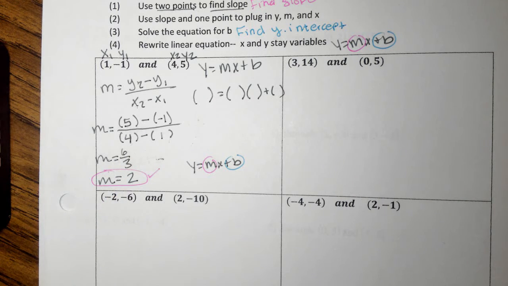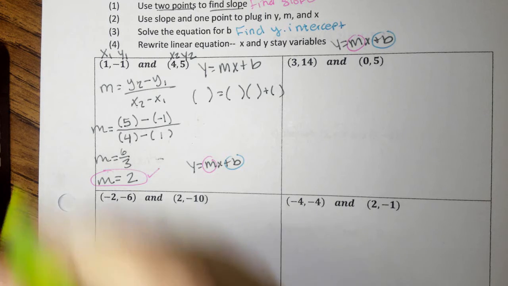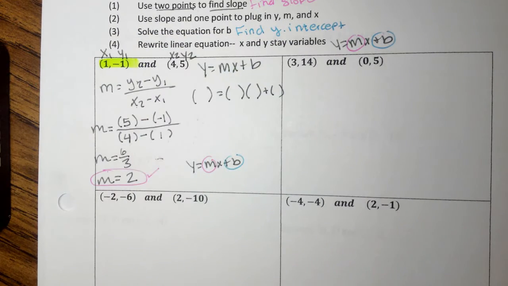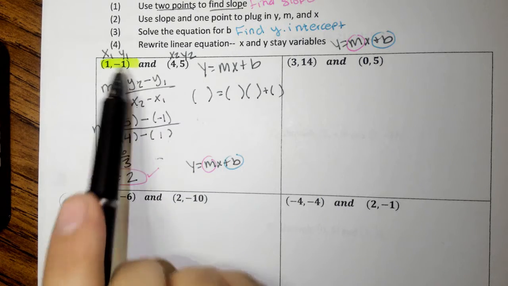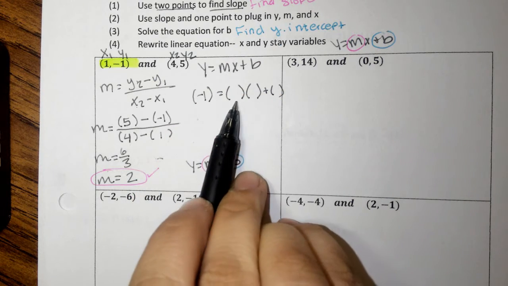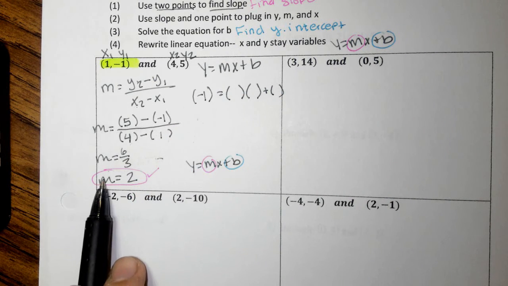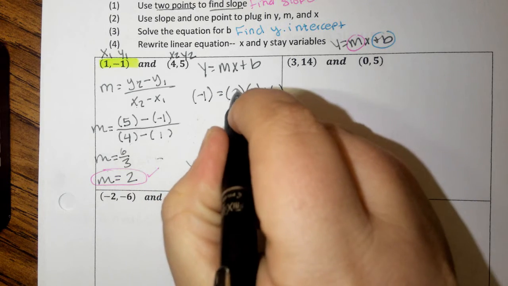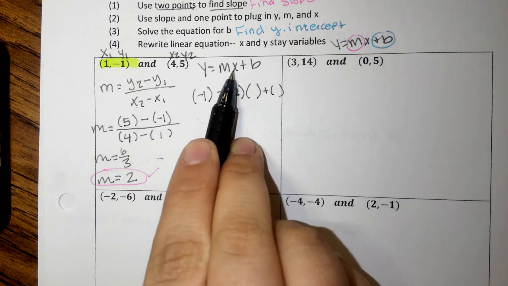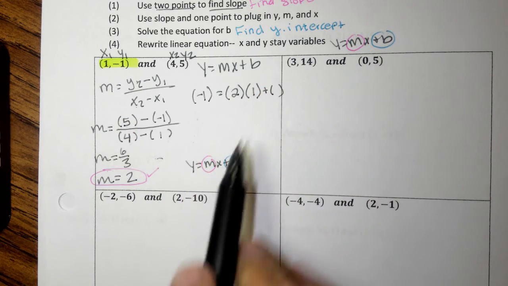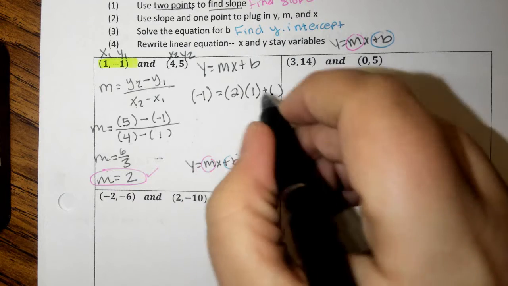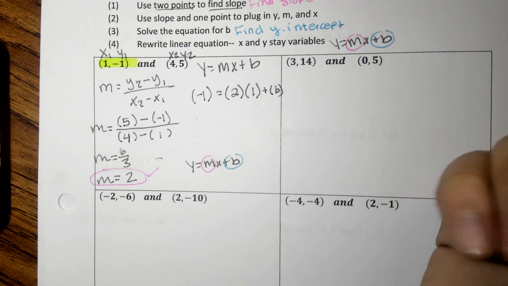I'm going to pick the ordered pair with the nicest numbers. So for me, that's 1 and -1, because 1s are usually kind of easy to work with. So y is -1. This bubble is in place of m, and our slope, or m, is 2. This bubble is in place of x, and x is 1. And then b is what we're trying to solve for, so I'll leave b as a variable.